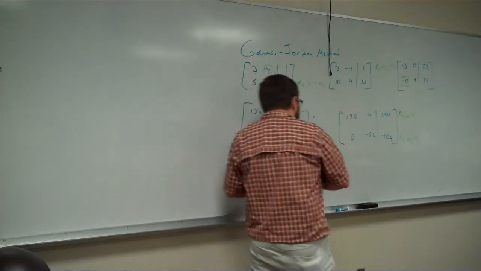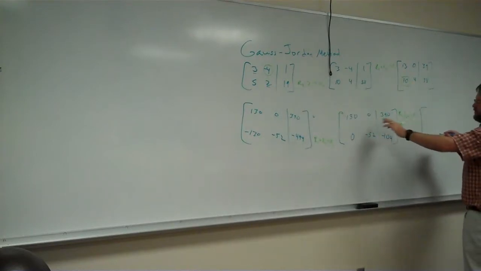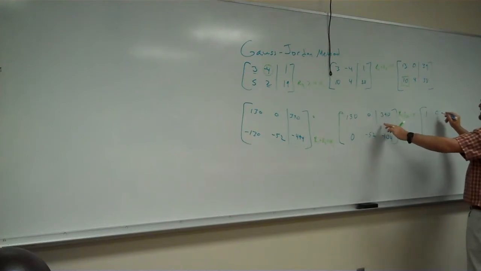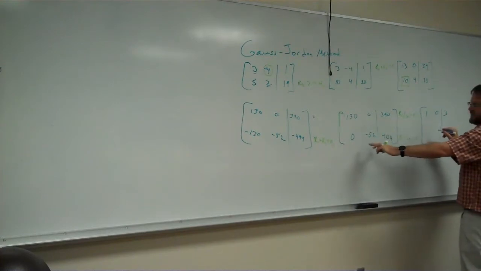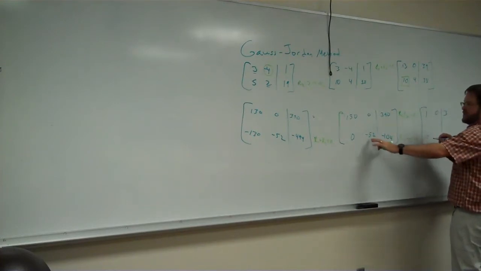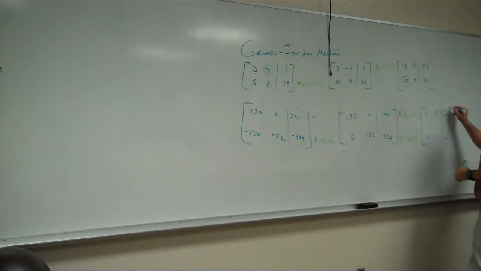If you do it this way, your new matrix will have 1s, right? 130 divided by 130 is 1. 0 divided by 130 is 0. 390 divided by 130 is 3. Do that same thing for the bottom row. 0 divided by, who cares? Negative 52 divided by negative 52 is 1. Negative 104 divided by negative 52 is 2.